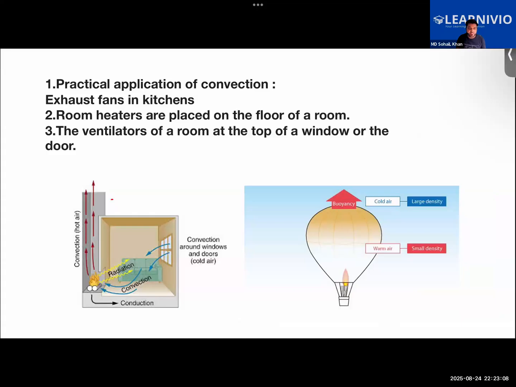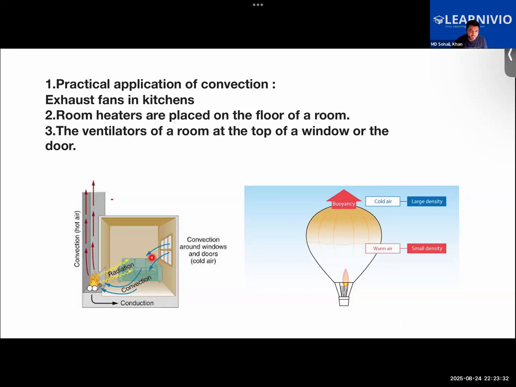Then we have different applications of convection. For example, the exhaust fan in your room is placed on the top of the wall. Room heaters are placed on the floor of the room.